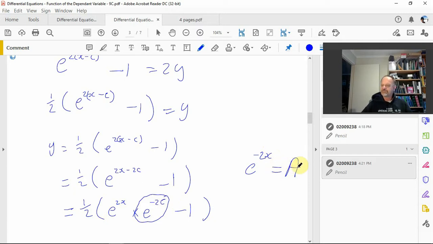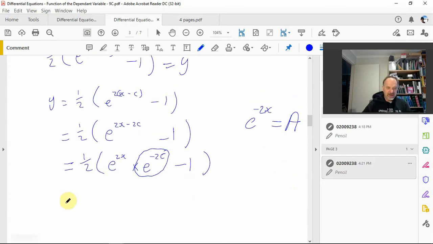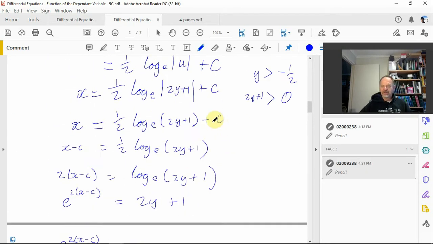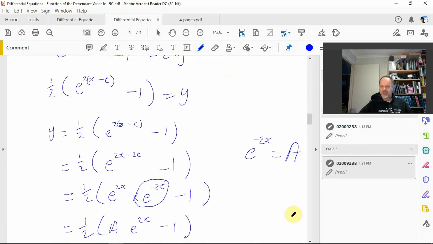Call it a. So sometimes you might see this answer written as a half a e to the 2x minus 1, where a takes into account that constant that we had up here all the way back to there. So this c here is wrapped up into this.